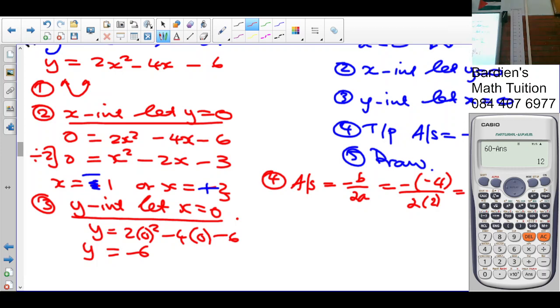We sub it back into the original function. So we say y equals 2 times 1 squared minus 4 times 1 minus 6. Do the substitution.